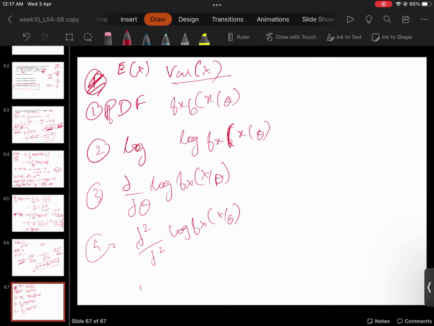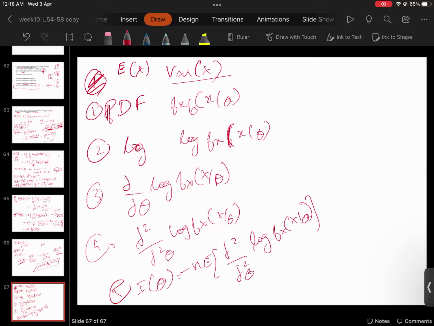And then we calculate the information, Fisher information, which is equal to minus nE of double differential of your log f of x given theta. You have this. And then step 6, you have the probability function, which is g. And then you differentiate that. That gives you g prime square. So you need to calculate this.